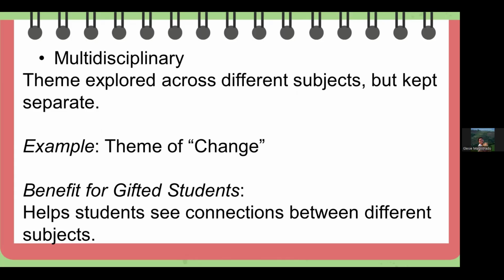In literature, the change is about character growth. And in science, the change is about climate change. The teacher organizes a theme week where each subject explores the theme from its own perspective. The benefit for gifted students is that it helps them see connections between different subjects.